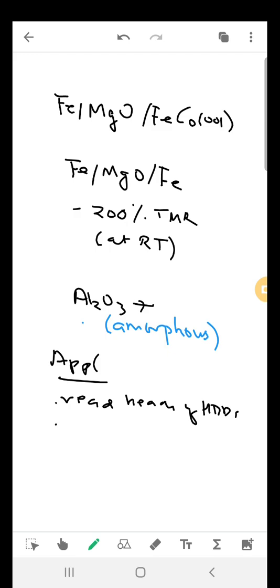They are also the basis of magnetic random access memory, which is a typical non-volatile memory. They can also be used in thermally assisted switching, called TAS, and spin torque transfer. These are the phenomena on which several companies are working to make good sensors.